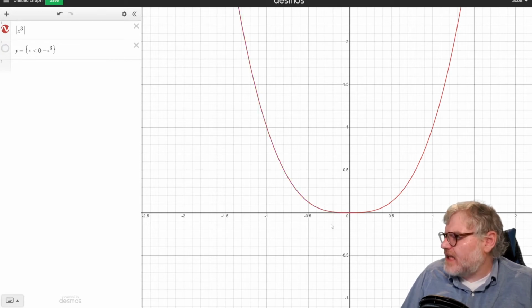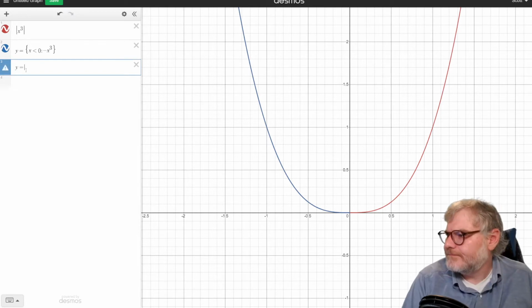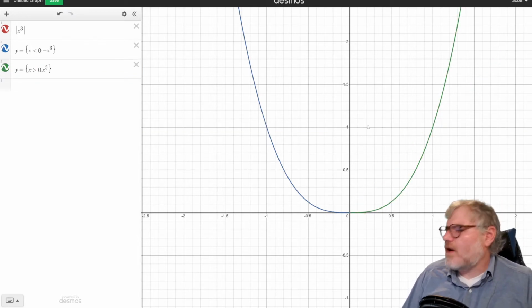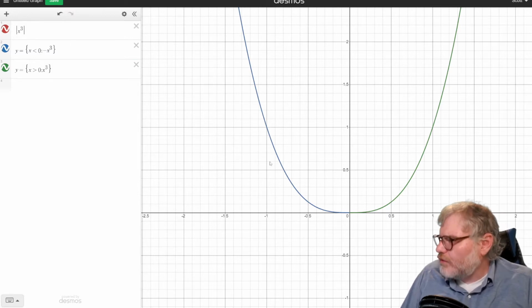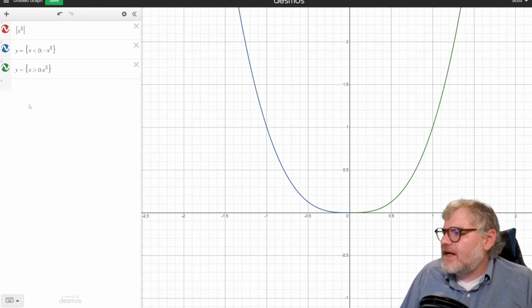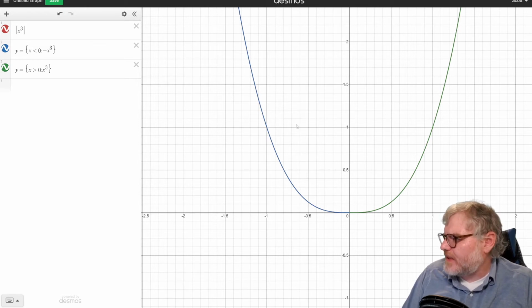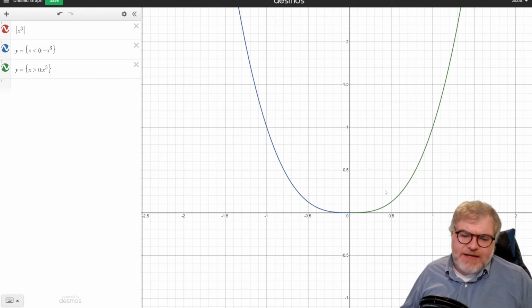If x is less than 0, I'm going to want y equals negative x cubed, so I want this piece here. And if x was greater than 0, I want that piece there. So that's how you would evaluate the integral: if you had the absolute value of x cubed, you'd split it into this piece, and then evaluate the integral.